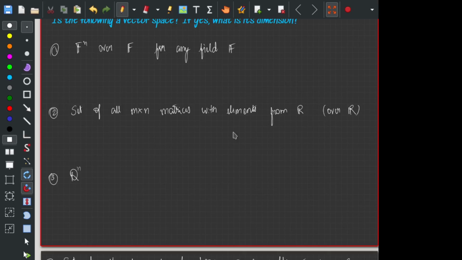So can you give me a basis for the set of all m by n matrices? I can define a matrix Aij, which is 0 everywhere except 1 in the i comma j entry.